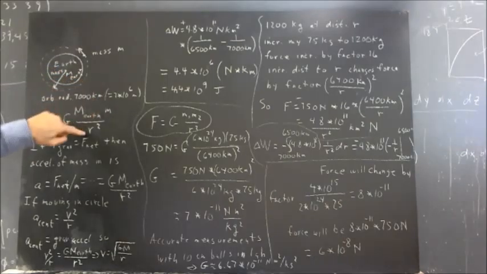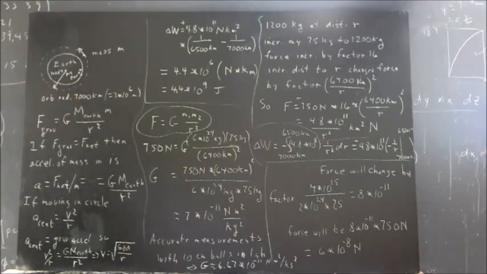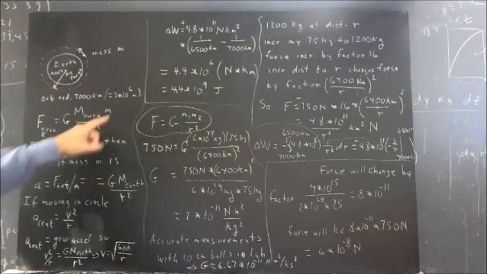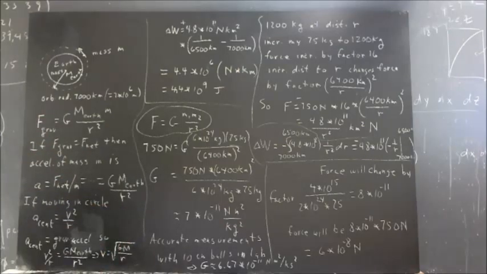We could at least find the product of G times the mass of the Earth. And of course, knowing r, we can then calculate the velocity we would need for a circular orbit.